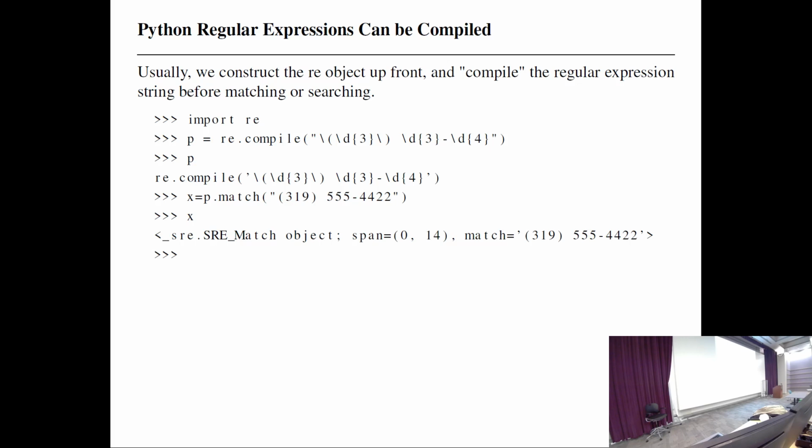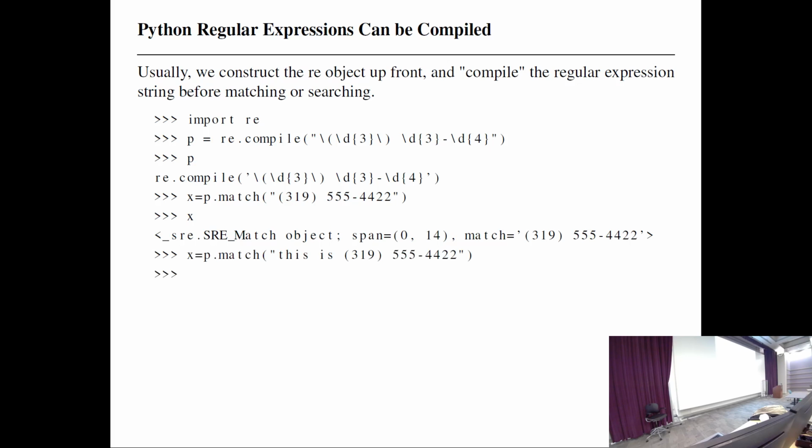The methods it has are things like match and search. And when you call match with a target string, self is the regular expression in its compiled form, and the argument is the target string. When you call self.search on the compiled object, self is the compiled matching function object, and the argument is the target string as well.